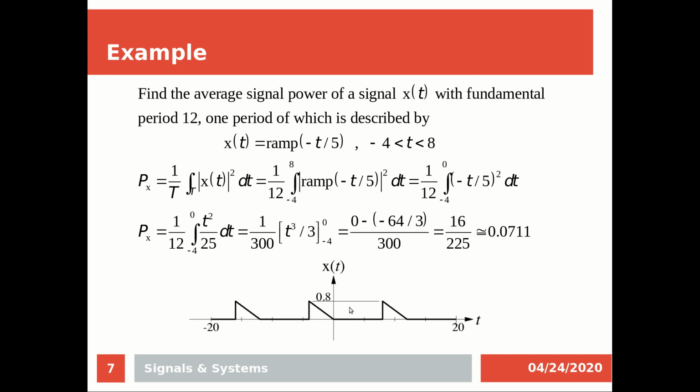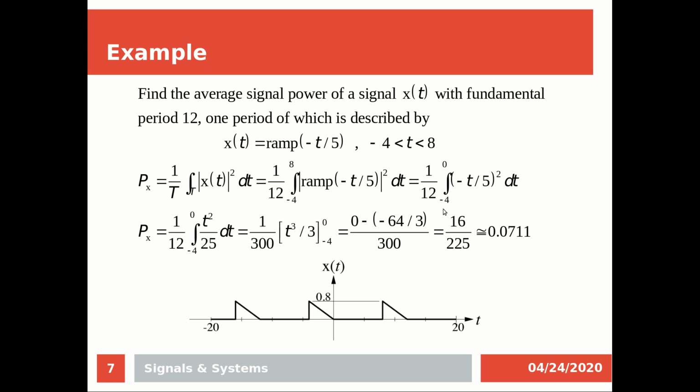But because it is reversed, minus t here, it is on the opposite side. So it will be from minus 4 to 0, because from 0 to 8 it is already zero, so we don't have any representation of the signal, and the integral of zero is nothing.